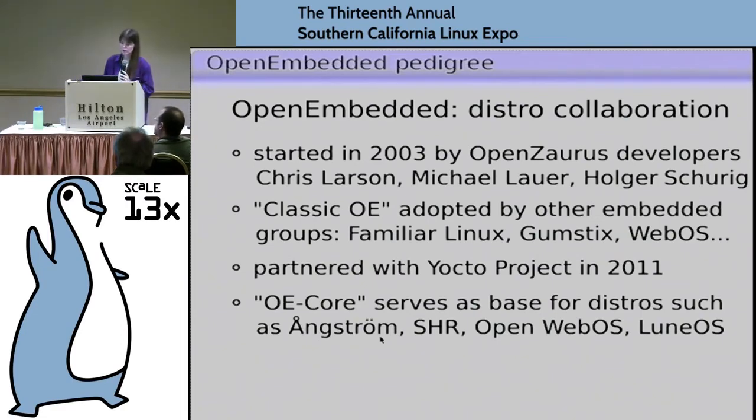So Classic OE is basically the pre-2011 stuff, and since 2011 it's been going along with OE-Core, and it has more nifty features. And if you're starting a new project now, you would definitely pick OE-Core.